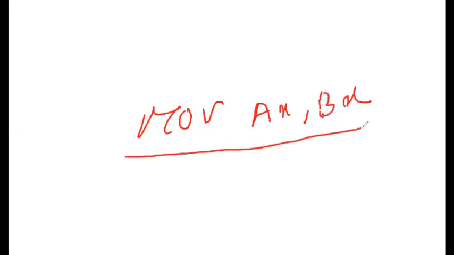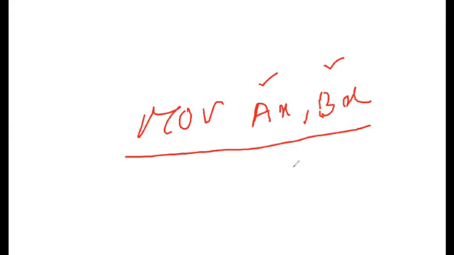Say I write an instruction, MOV AX, BX. What does it mean? Can you read it, guys? Yes, sir. I'm writing MOV AX, BX. That means you are going to shift. How many operands here? Two operands, right?